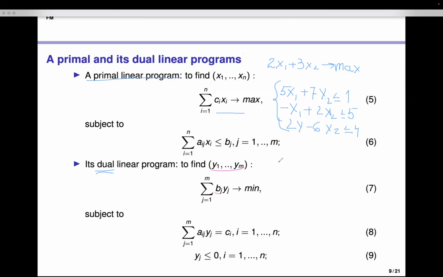Eva, are you here? How many? If we know everything about the primal linear program, we have m in the linear program.